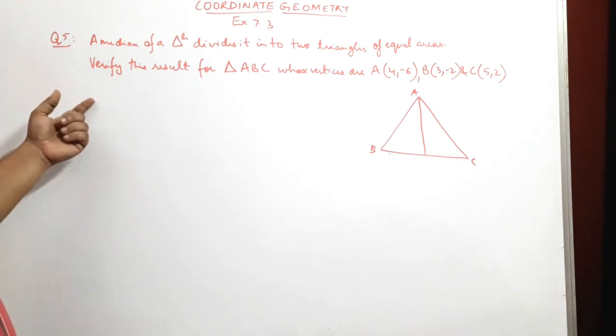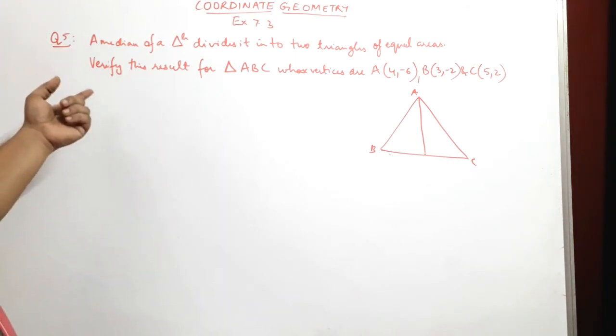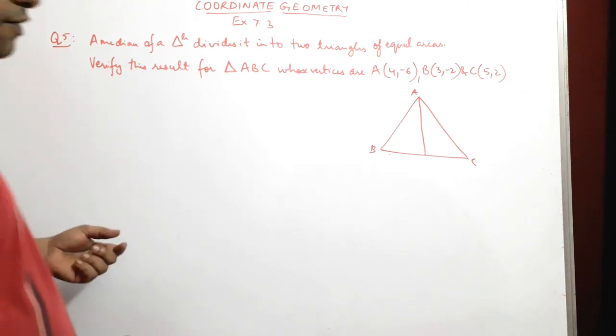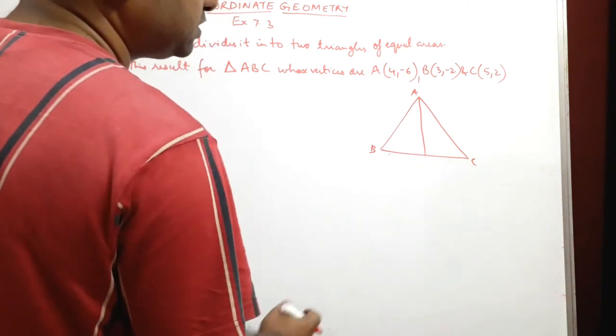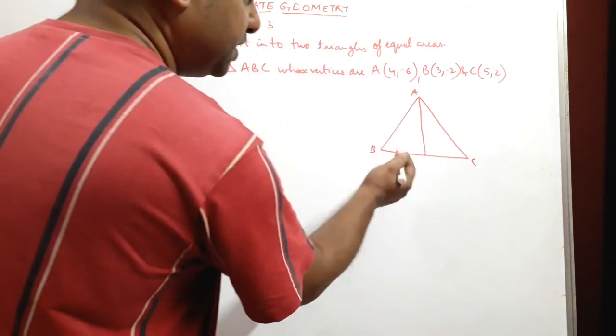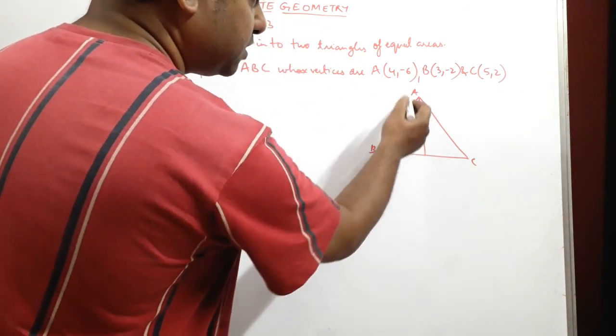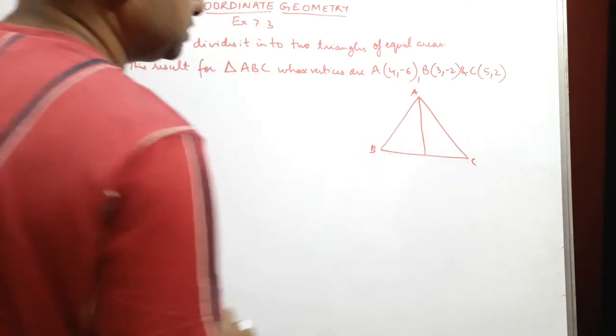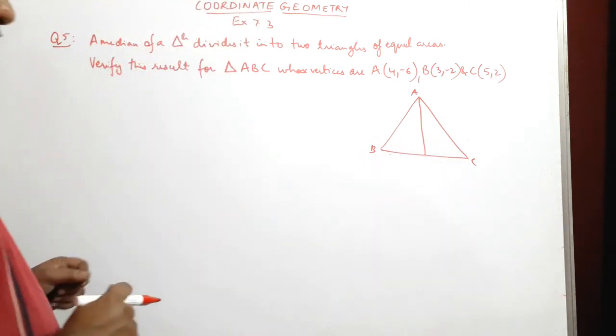Using the coordinate geometry formula that we have learned for the area of a triangle, we need to prove that a median does exactly the same. That is, a median divides the triangle into two triangles of equal areas.